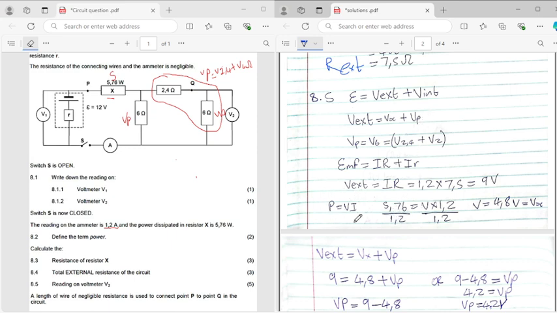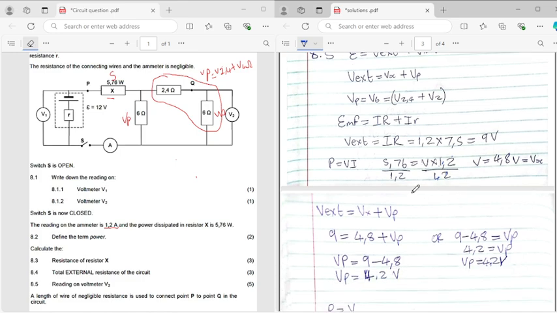So solving for V using this equation, I substitute my power, which is 5.76 watts, and the I, which is 1.2. Since I want V, I divide by 1.2, so this cancels, and I'll be left with V equal to 4.8 volts, which is the value of Vx.